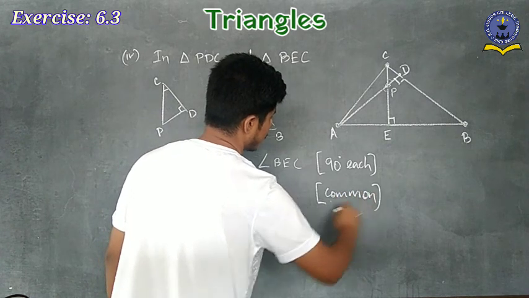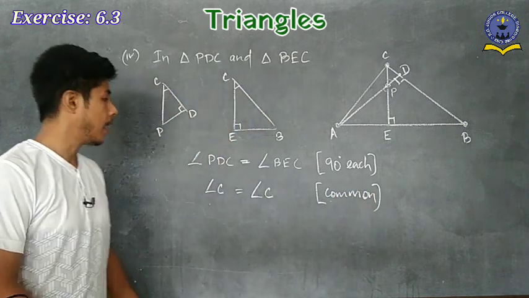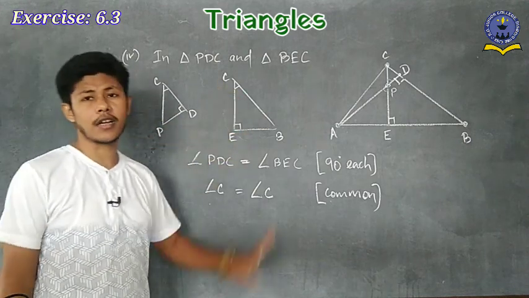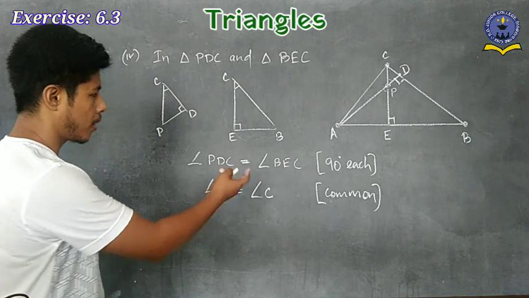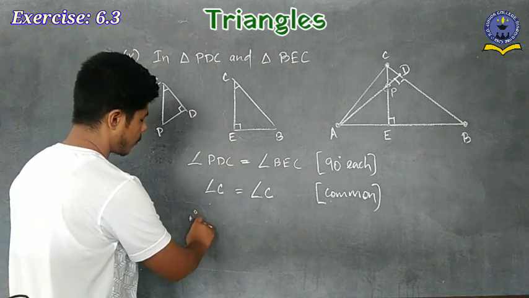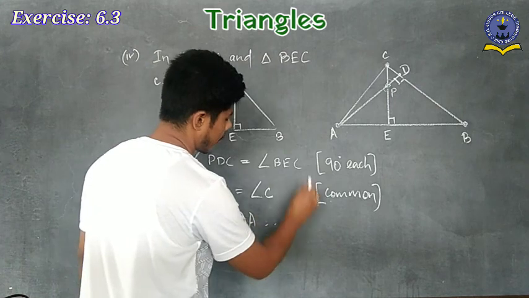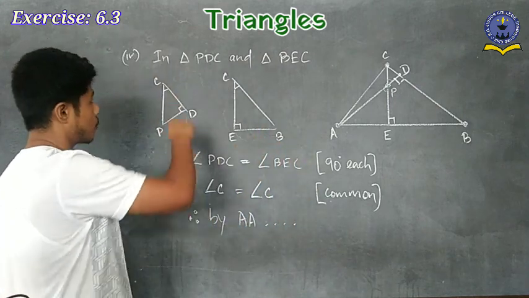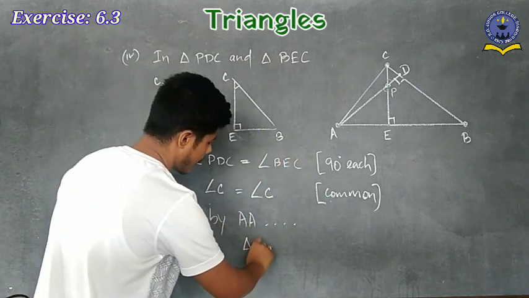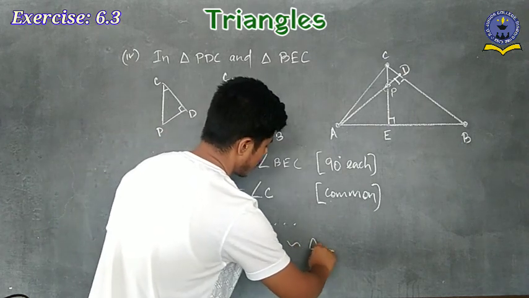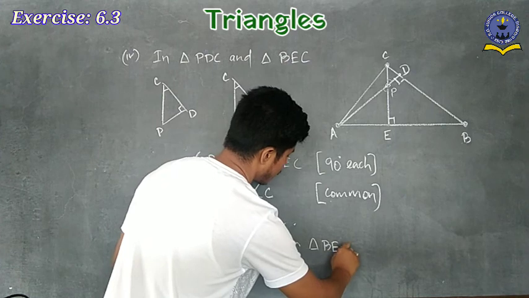Is it clear? So these two angles are common here, and PDC and BEC are 90 degrees. Again, two angles are equal here. So therefore, which criteria have to apply? Therefore, by angle similarity criterion, we can say these two triangles are similar. So triangle PDC is similar to triangle BEC.